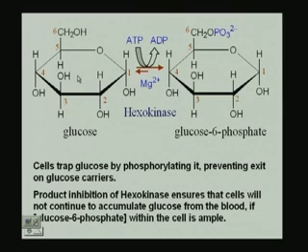But if you need it, then only glucose is broken down. Unnecessarily, glucose is not broken down in the cell. It is only when carbohydrate metabolism is required that glucose is broken down in the cell, because once this first step of the glycolytic cycle takes place, it is irreversible.